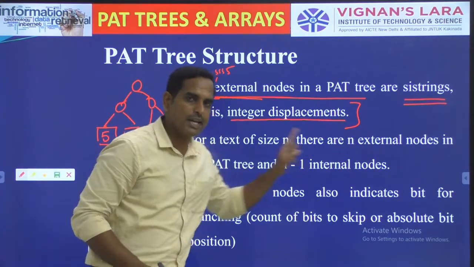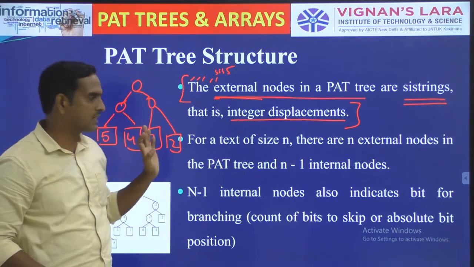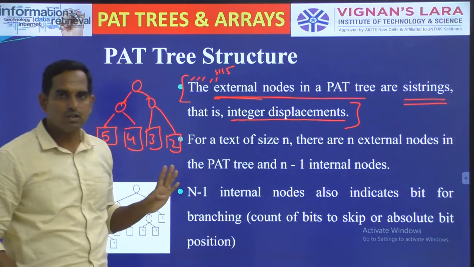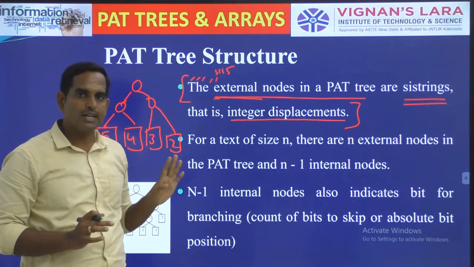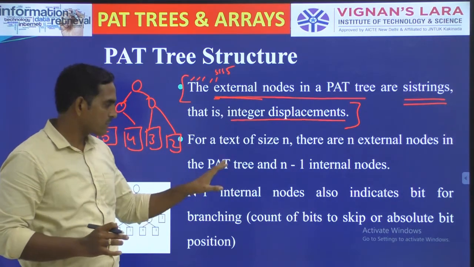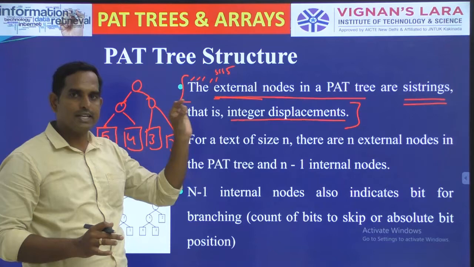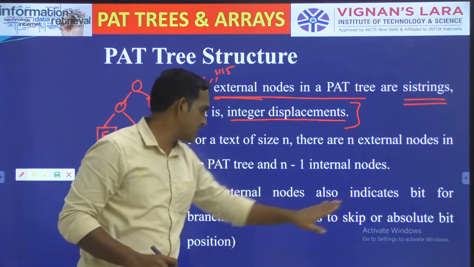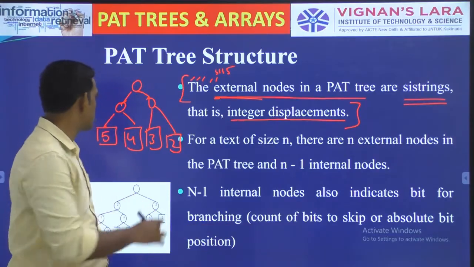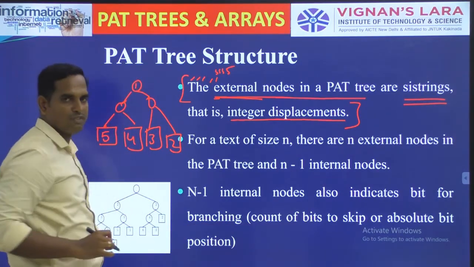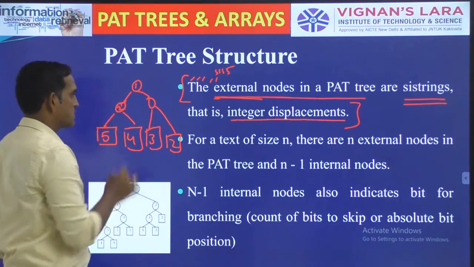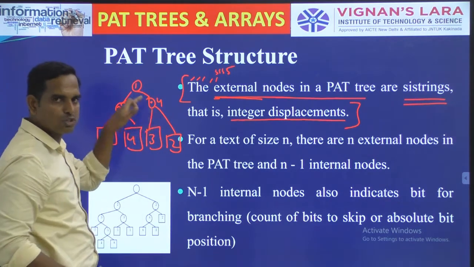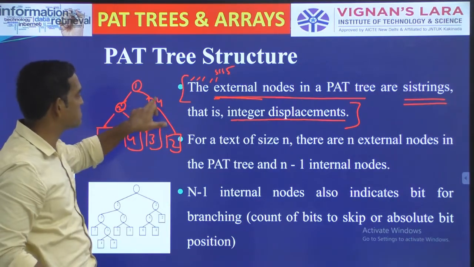So there will be n external nodes for an n character string, and n minus 1 internal nodes, which represent the strings here. The n minus 1 internal nodes also indicate the bit for branching, that is whether you have to search the first bit, or the second bit, or the fourth bit and skip the third bit. That will be specified here.